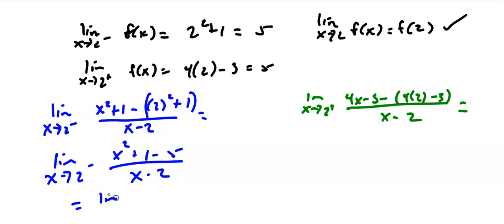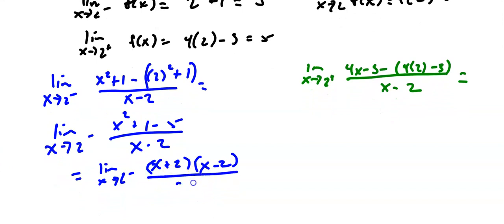That's going to be the same thing as the limit as x approaches 2 from the left of x squared minus 4, which is x plus 2 times x minus 2, over x minus 2. Looks like I can cancel out a couple factors, evaluate the limit, and I get that the left-hand limit for the derivative is 4.